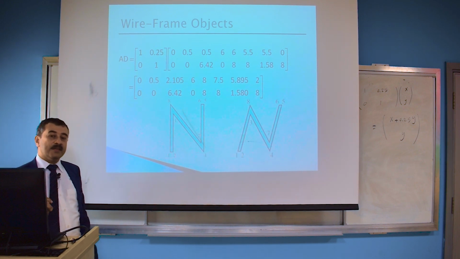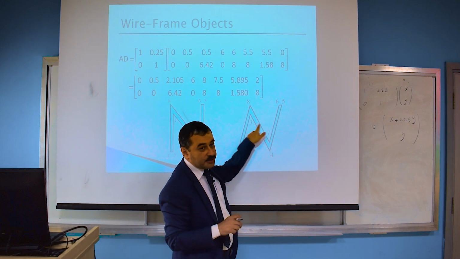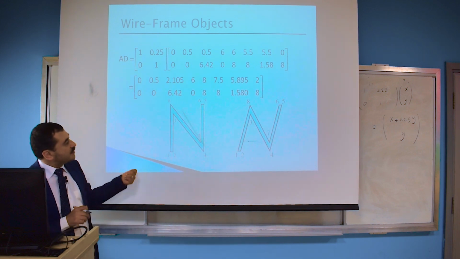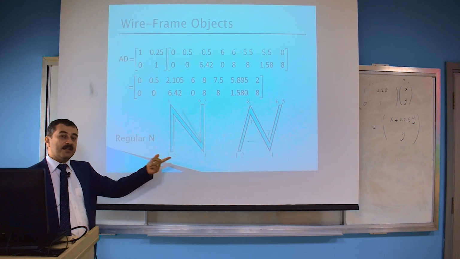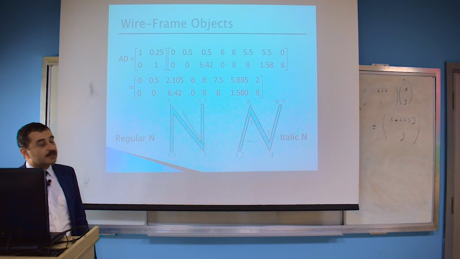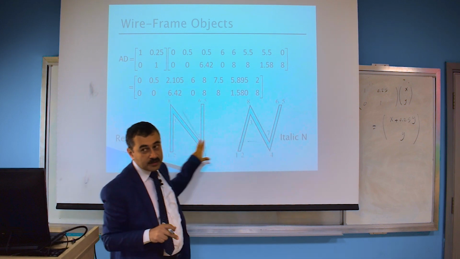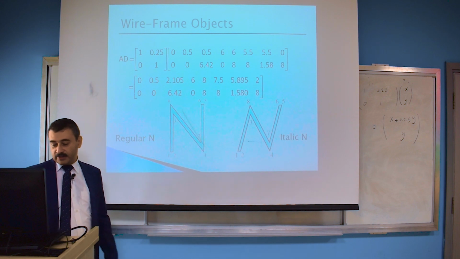So what happened? The x for some vertices is changed, increased. So if this is a regular letter N, this could be the italic letter N. So you can get the italic by this transformation, for example. This effect is actually called horizontal shear. We define this as horizontal shear.